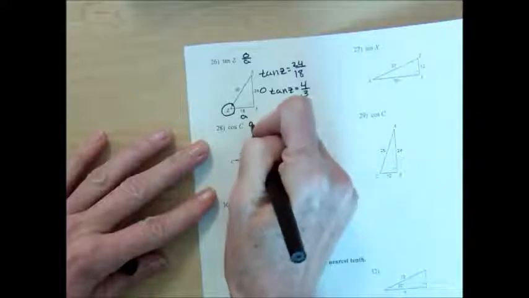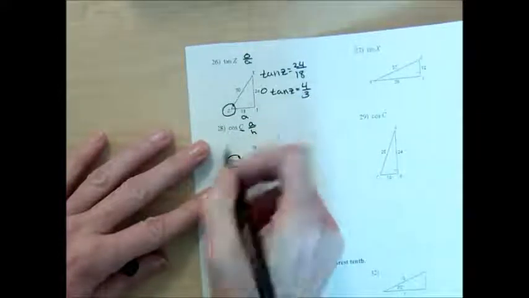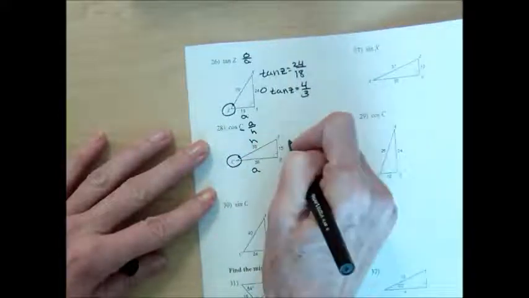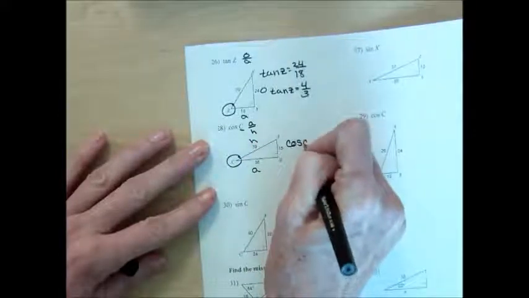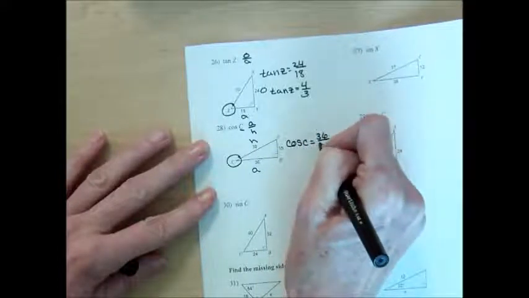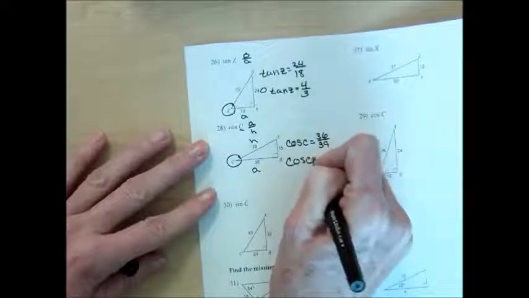All right, 28. Cosine is adjacent over hypotenuse of angle C. Circle angle C. Adjacent is 36. Hypotenuse is 39. So the cosine of angle C is adjacent, which is 36, over hypotenuse, which is 39. That actually does reduce. They can both be divided by 3.